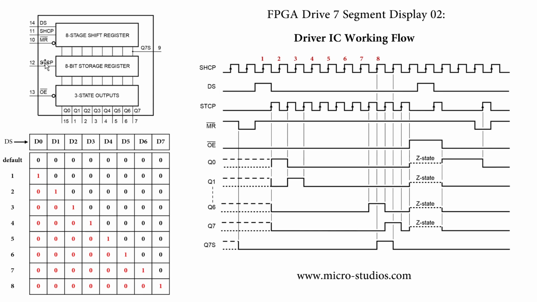When the storage clock generates one rising edge, at the same time the enable here is low level, and here it will output. So this pin will output all the data inside the storage register.